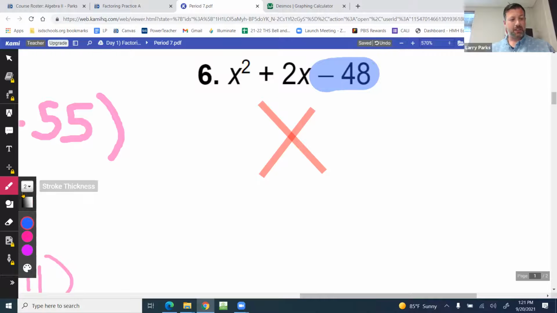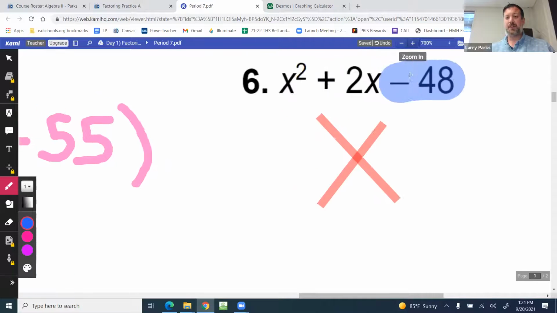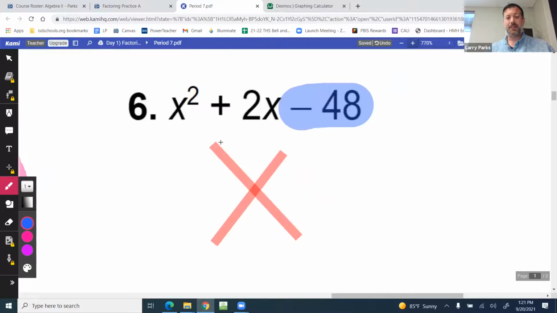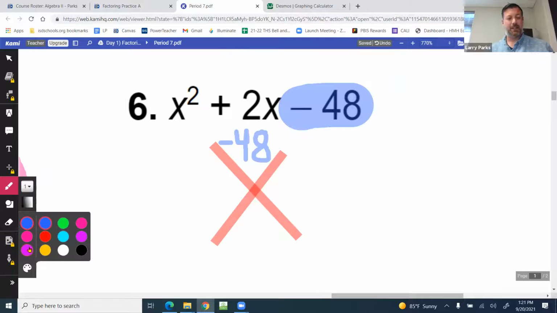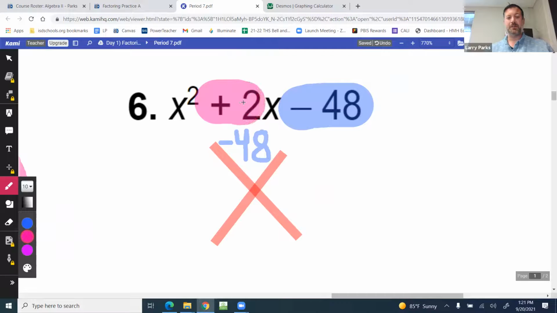And I'm going to use a little bit smaller, maybe zoom in a little to give myself more space. So that's just going to go on top. Your constant always goes on top. Now on bottom will be this number 2. And I'm going to put that down here.